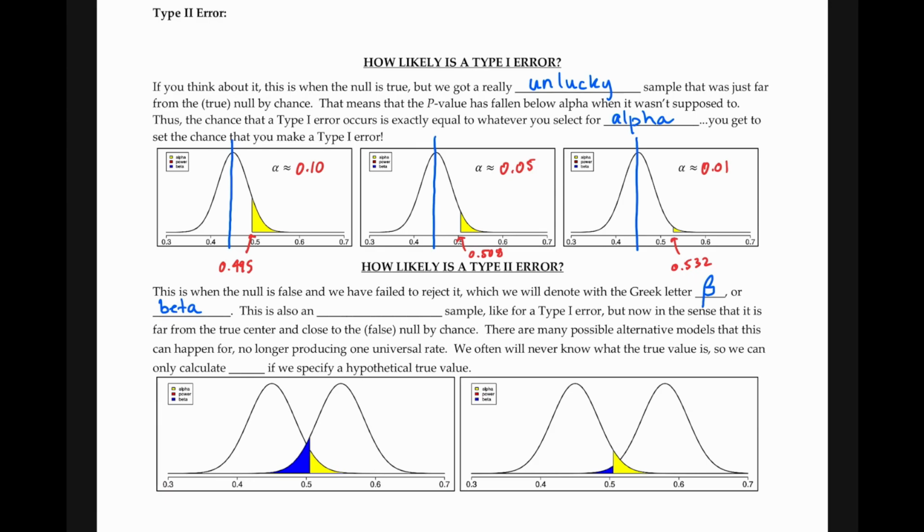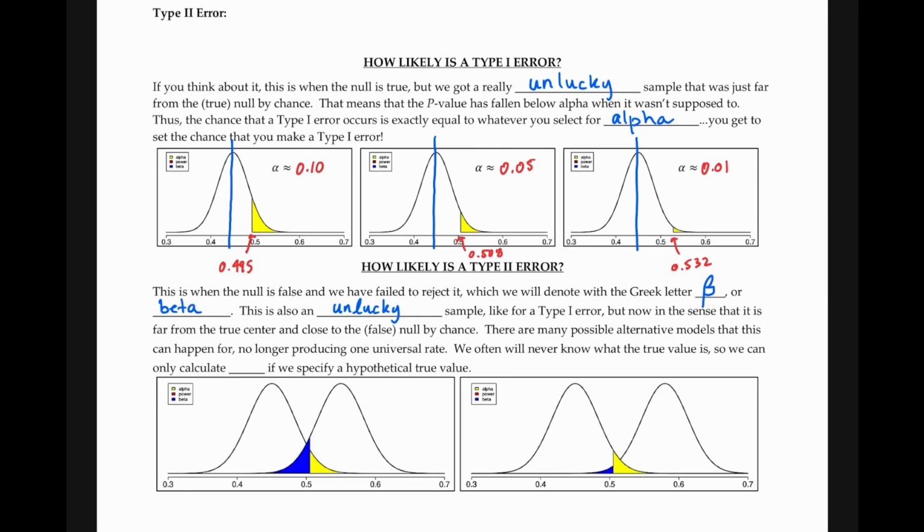So just like with the type 1 error, this is also from an unlucky sample. Anytime you make these types of errors, it's because you got a quote-unquote unlucky sample. But now, what we got is far from the true center, but close enough to the null. So what this means is that the population should actually be centered elsewhere.